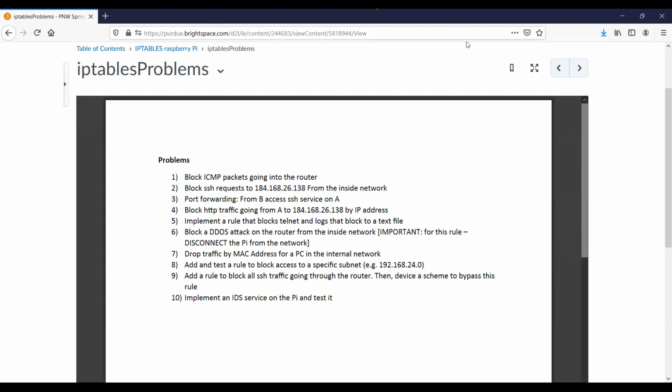Okay, I'm getting a question from some of you: if you don't have a Raspberry, how do you set up the network? The trick is that most of these are either input or output chain related. If you read it carefully, there's only a couple of them that are forward chain.